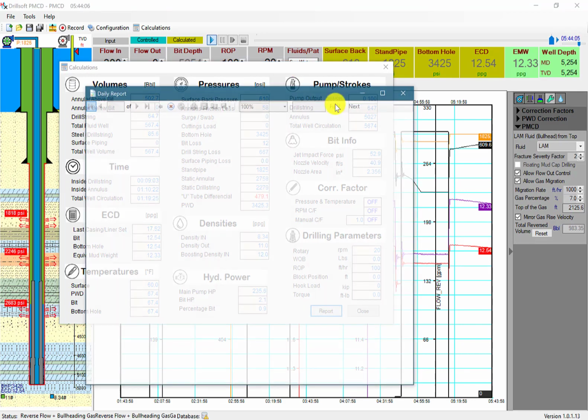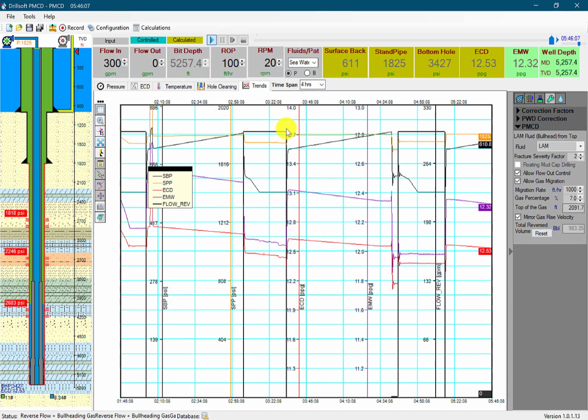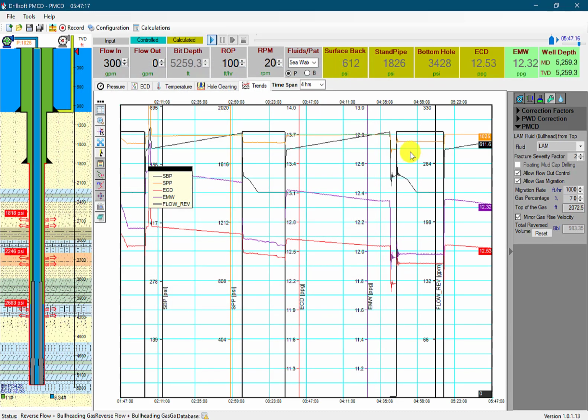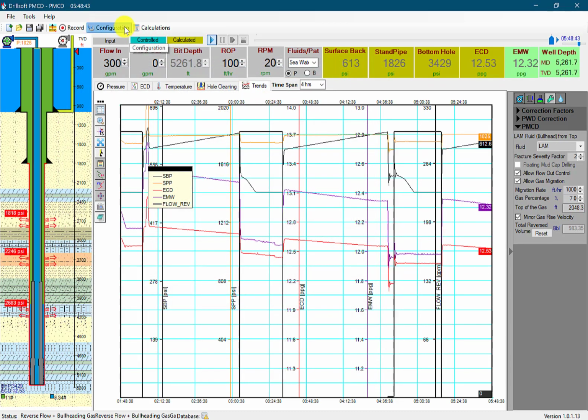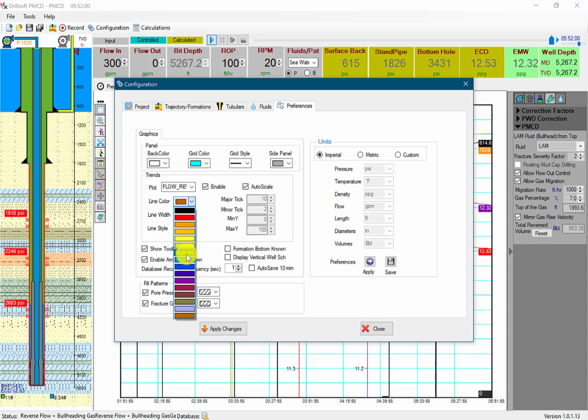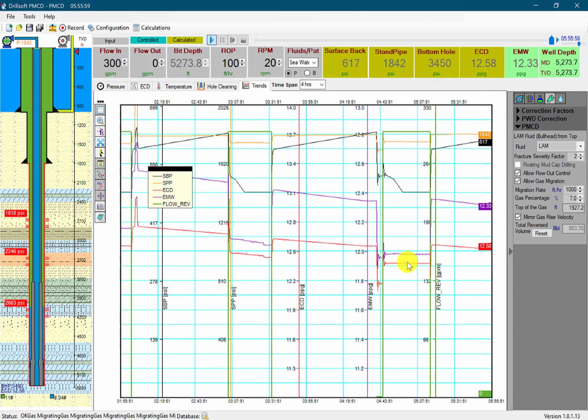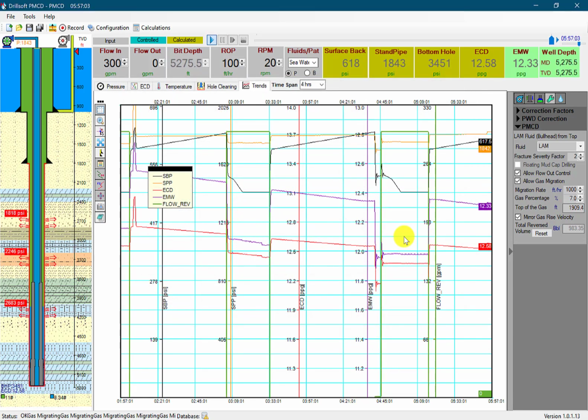We can print this in a report. Let's also change the color for flow reversed. It's easier to see.